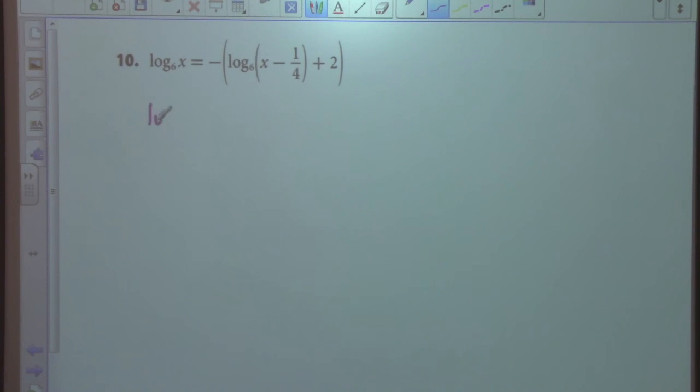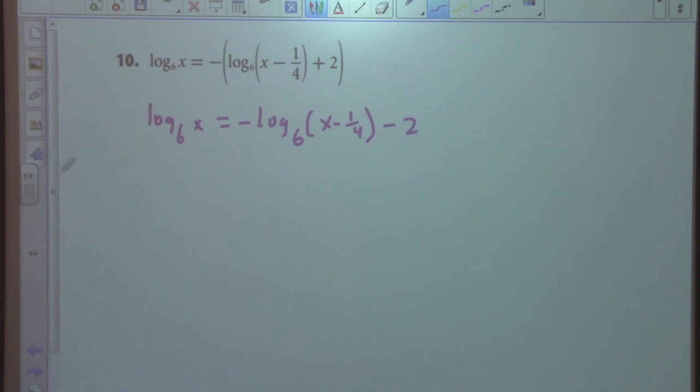So you'd have log base 6 of x equals negative log base 6 of x minus 1/4, and then you'll have minus 2. Then you could add this, combine, and simplify.